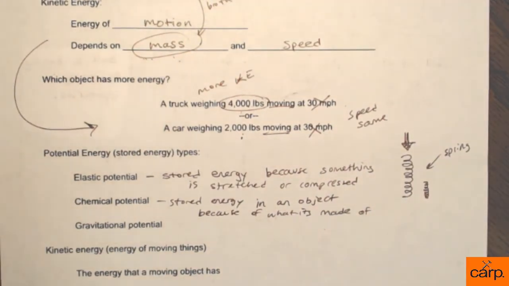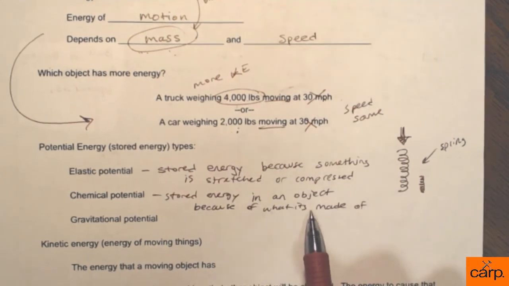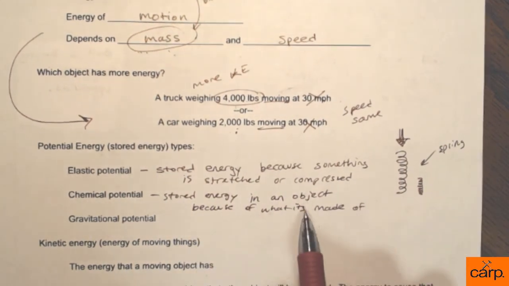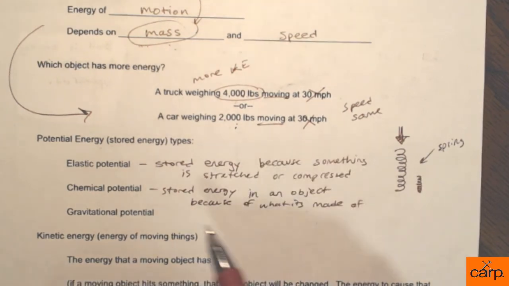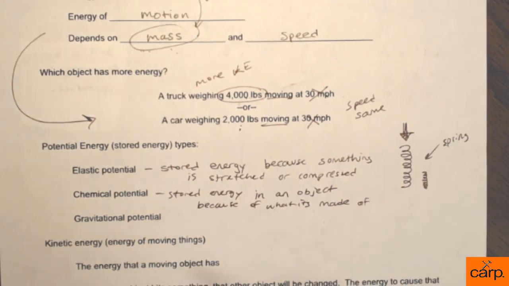If you throw gasoline on a fire, you're providing some energy for that fire. You can't just throw any liquid on a fire. It has to be certain types that are actually going to react. So it has energy based on what it's made of. The atoms and molecules inside of it, the bonds that all those things have, provide that thing some energy.